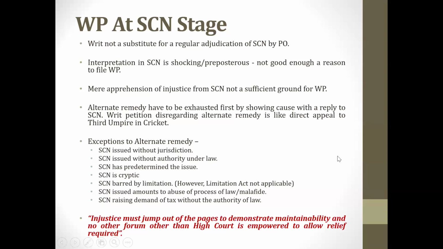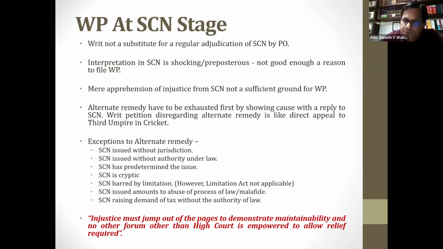This is the procedure, and the wording in the show cause notice helps us to file a writ and to say that the department has already predetermined, already decided the case, and the show cause notice is an empty formality. Correct. So the words of the show cause notice clearly reflect that they have explicitly decided that this is a confirmed liability on the part of the taxpayer.